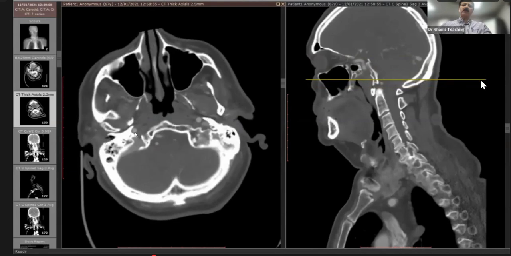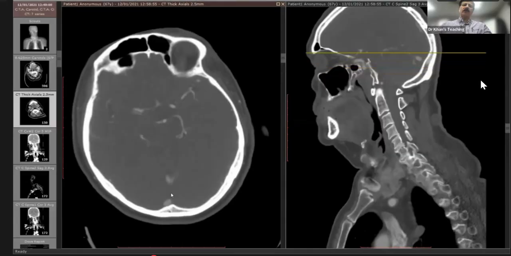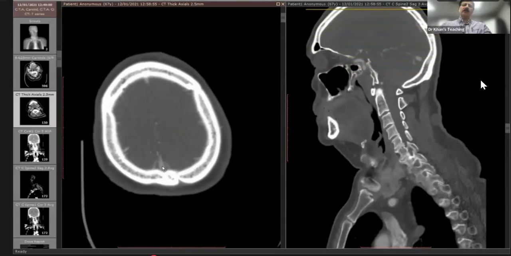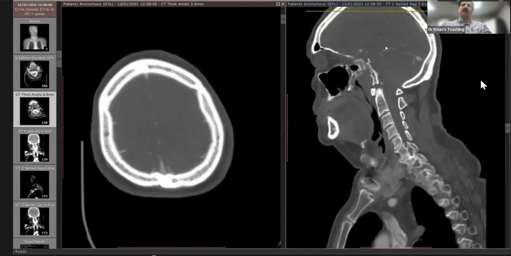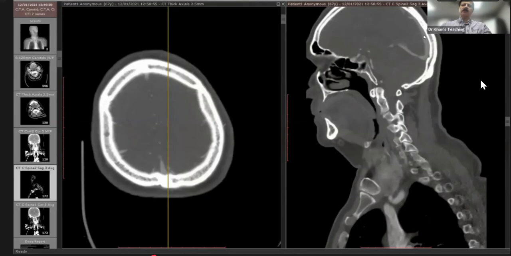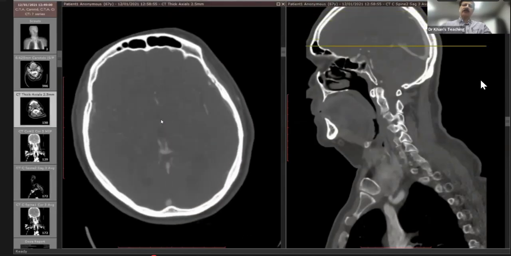Now, let's see the jugular foramen. So if you see here, I am going superiorly. You can see that this is the superior sagittal sinus, and we are coming inferiorly.